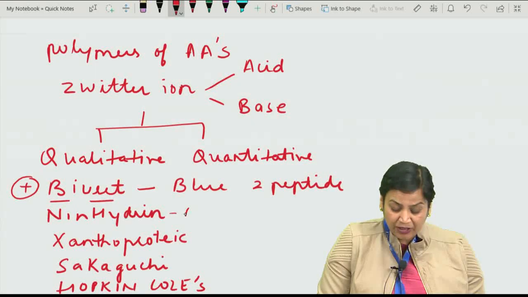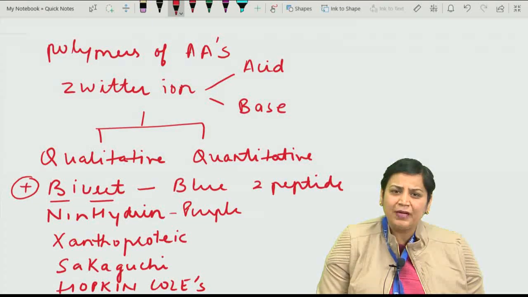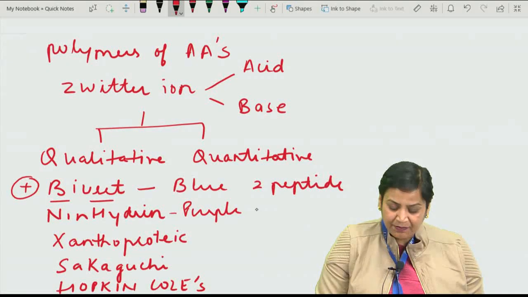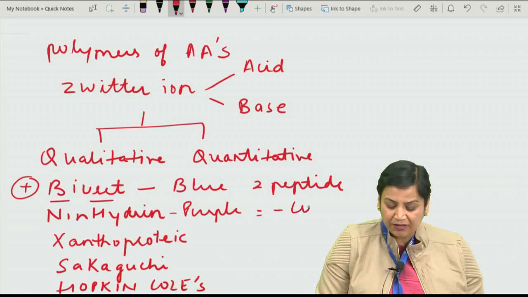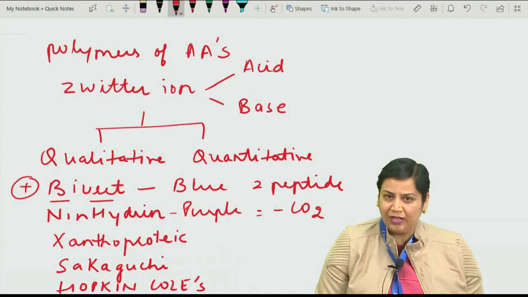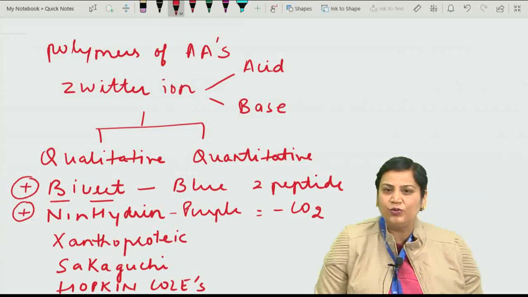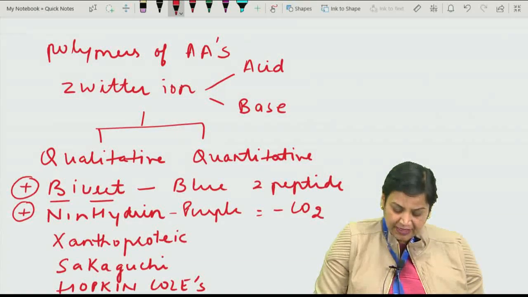Ninhydrin is going to give purple color, and the principle behind this ninhydrin is simply decarboxylation of the amino acid, and in this we have to boil the solution. So biuret and ninhydrin are considered to be the two confirmatory tests.